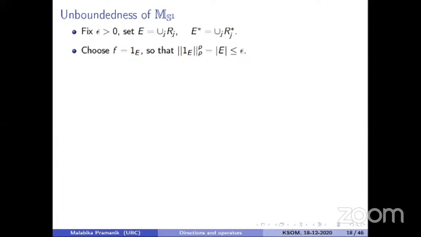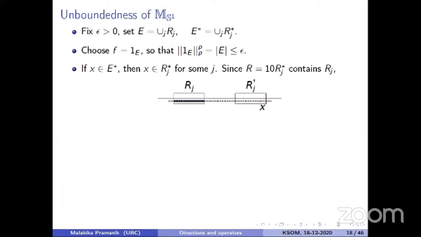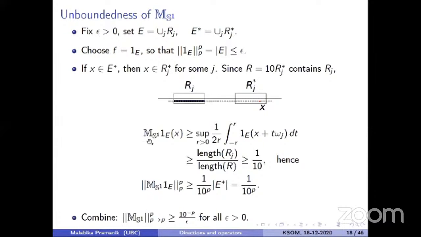On the other hand, we claim that the maximal operator m sub S1 applied to f is bounded from below by a fixed constant, say 1 over 10, on the set E star, which is the union of the reach rectangles Rj star. Let's take this pointwise lower bound on faith just for the time being.